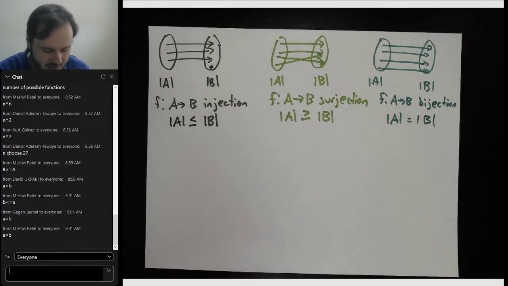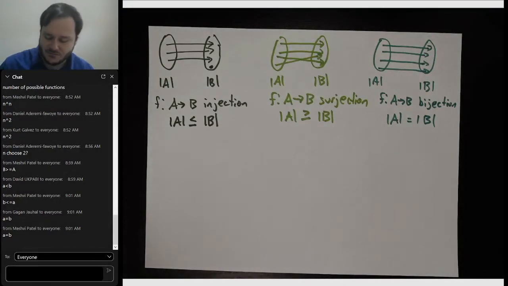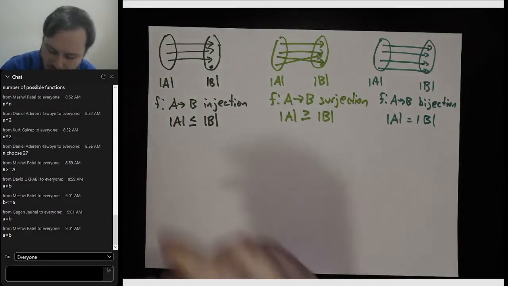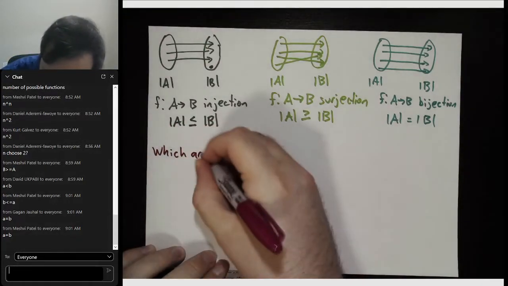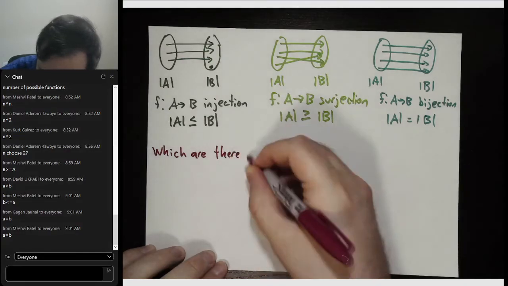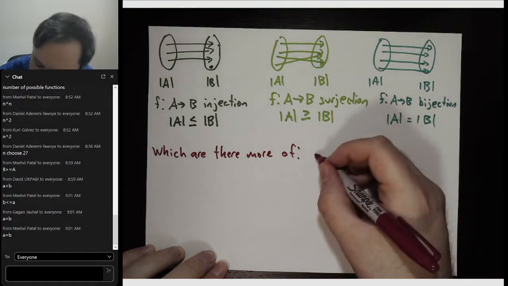Just wanted to keep in mind, completely unrelatedly, a separate question, which are there more of? Even numbers or odd numbers?